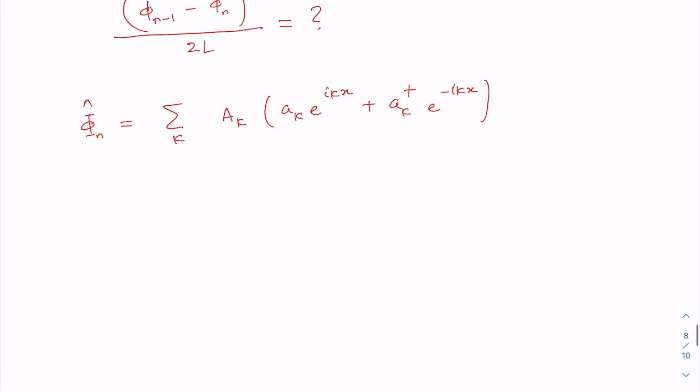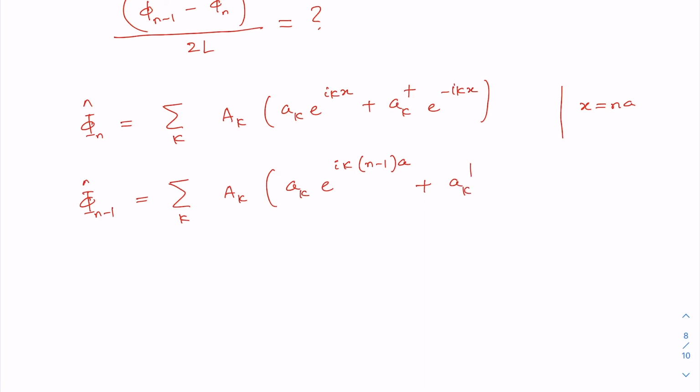Okay, so we'll have phi n minus 1. This would be equal to sum over k ak e to the power, you see x is equal to n into a, so let me exploit that here. Here I will have e to the power I k n minus 1 a plus ak dagger e to the power minus I k n minus 1 into a.